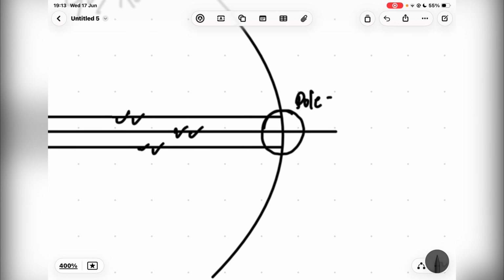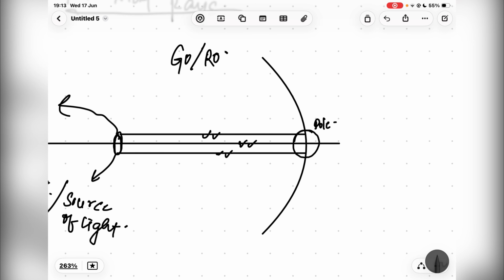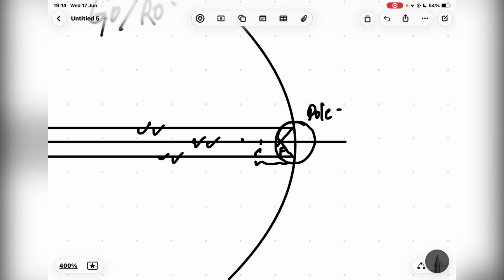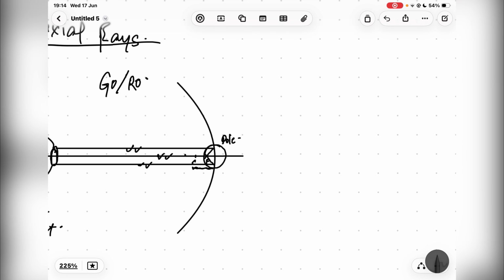But then you will have a question: if they are so close to the principal axis, how will we do image tracing and find the focus or the center of curvature, and form the images?